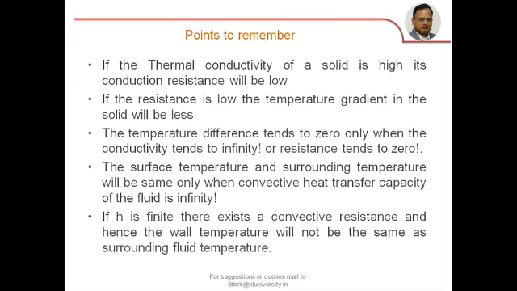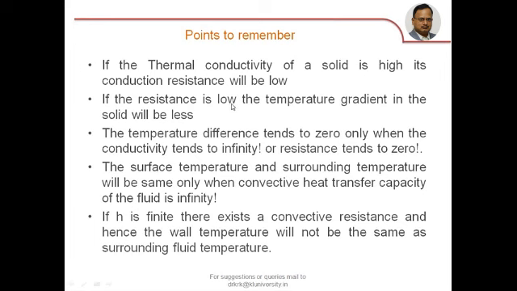Heat just enters and leaves, and that is practically impossible because you don't have a material with infinite thermal conductivity. Diamond has the highest thermal conductivity, and that too is only in the order of 2000 watts per meter Kelvin. It's not infinite.